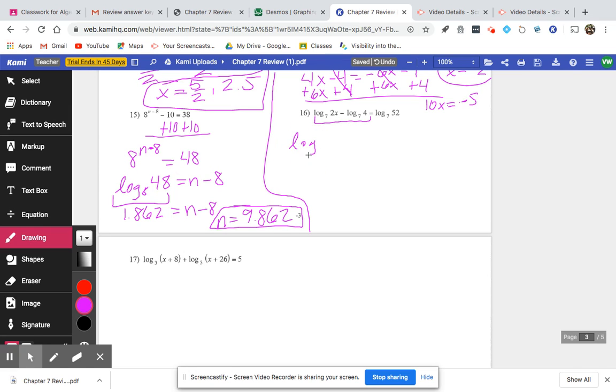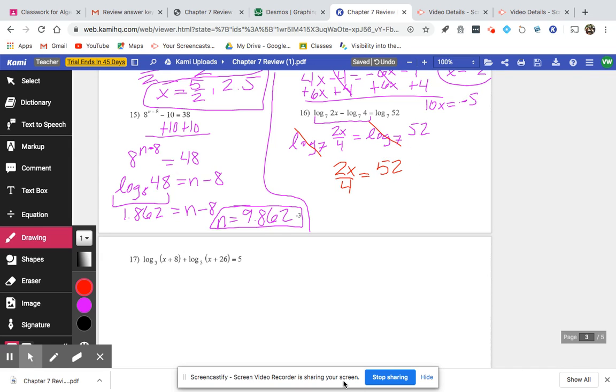So log base 7 of 2x divided by 4 equals log base 7 of 52. Now, why did I condense that on the left? So that I can just ignore the log base 7 and solve the following equation: 2x divided by 4 equals 52.